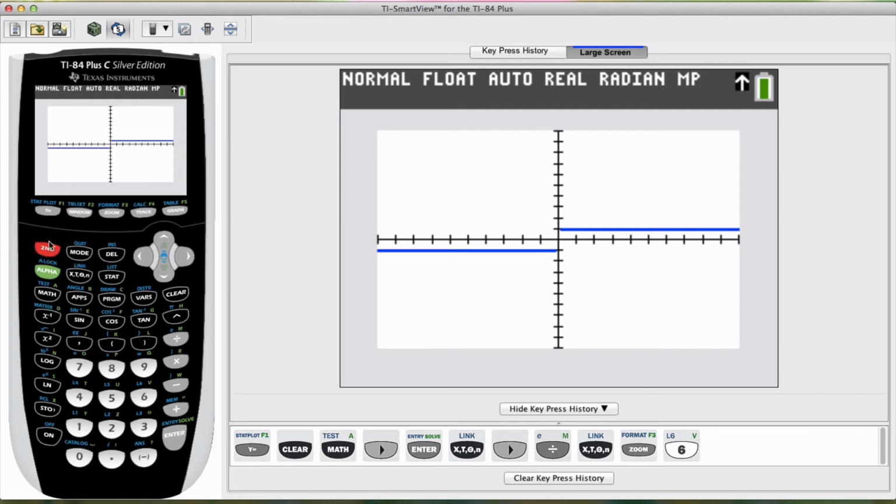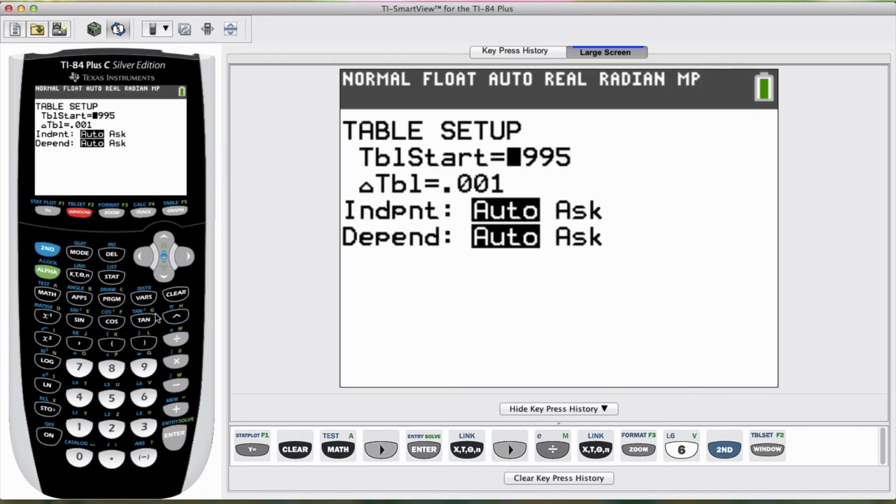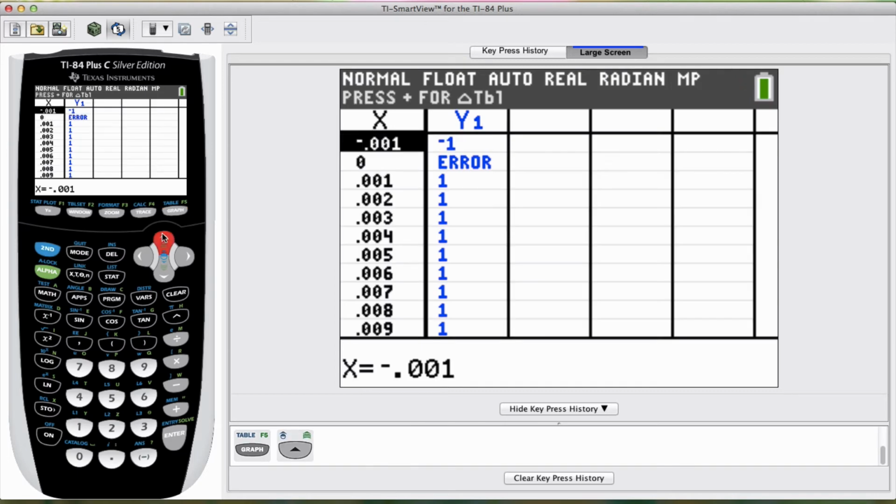If I wanted to look at a table of this, I'm going to go table setup, and I'm going to make my table start at 0 because that's the x value we're approaching. And then if I look at my table here, it makes it really evident, okay, everything to the left is at -1, everything to the right is at +1. So that means that the limit here does not exist.